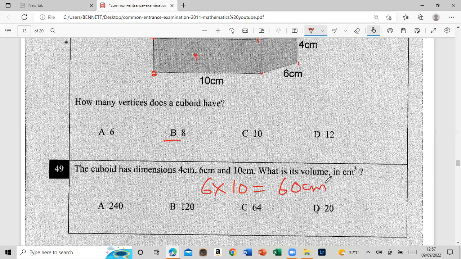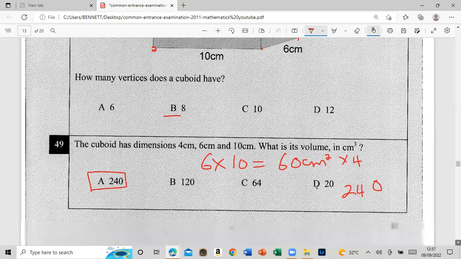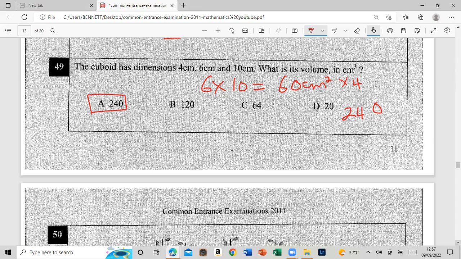And then we times it by the height. So the height is 4. So we multiply this by 4. So 4, 0, 0, 4 6s are 24. So that's 240 centimeters cubed. Alright, very nice question.